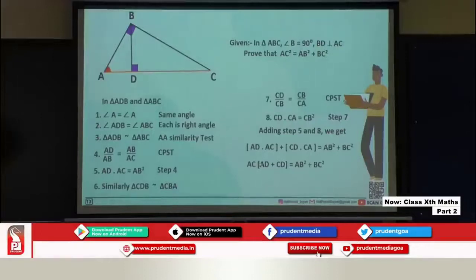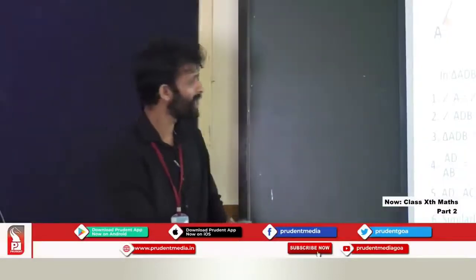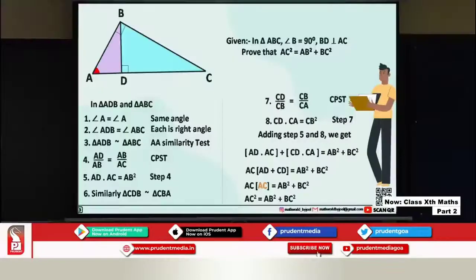So instead of writing AD plus CD, all I can do is write AC over here, and it would become AC multiplied by AC is equal to whatever is there on the right hand side, and AC multiplied by AC is nothing but AC square is equal to AB square plus BC square, and that is what we are asked to prove.